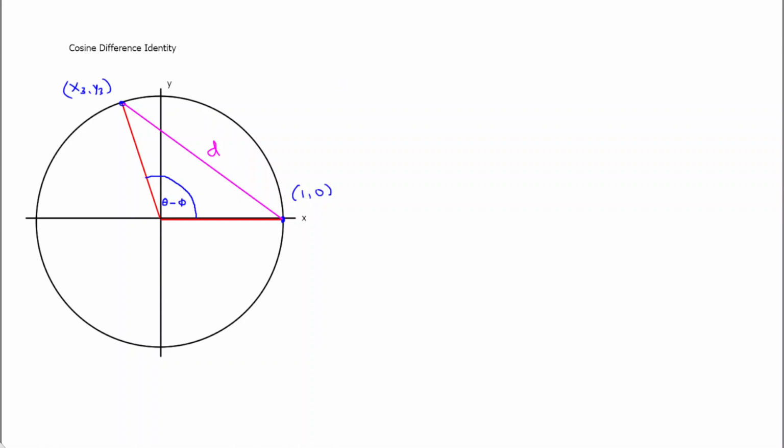Once again, the idea is to use the distance formula, which amounts to the Pythagorean theorem. So in this picture, that's going to be x sub 3 minus 1 squared plus y sub 3 minus 0 squared.